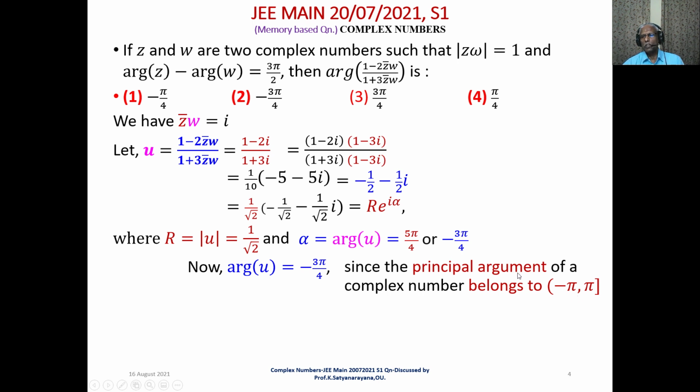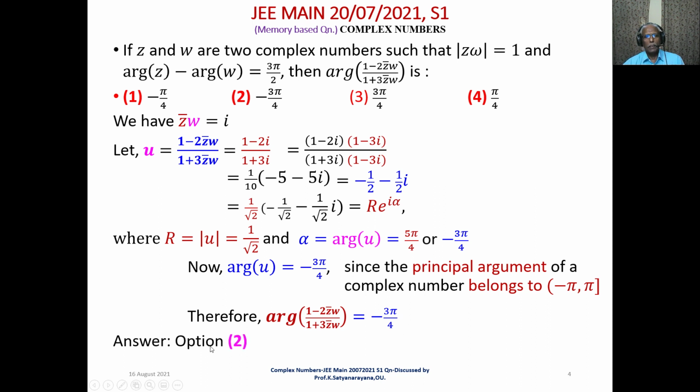Because we are considering the principal argument, the answer is minus 3π/4. Therefore, the argument of (1 minus 2 Z bar W) whole by (1 plus 3 Z bar W) is equal to minus 3π/4. So the answer is option 2.